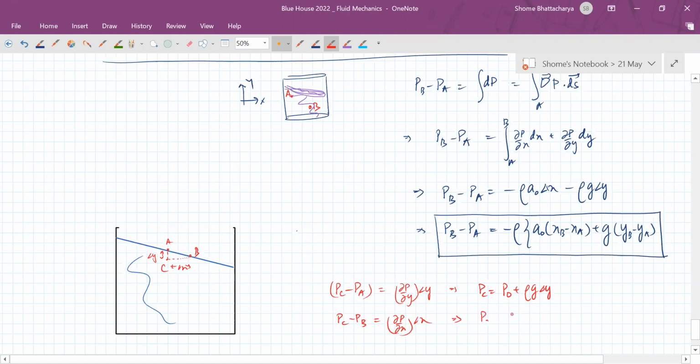So pressure at C should also be, so you can see from these two equations that delta Y by delta X is uniform and equal to A naught by G.